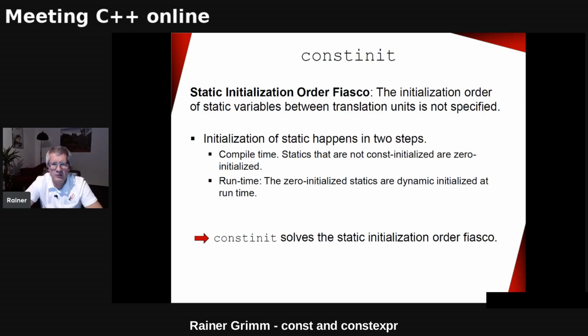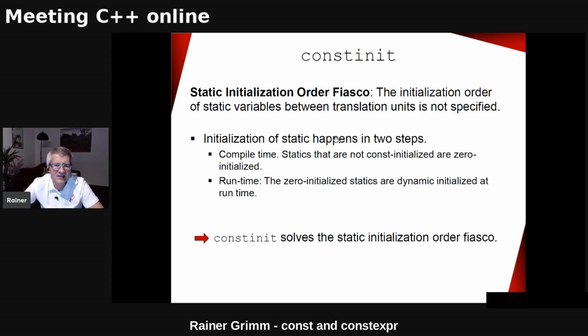But we don't have the guarantee between translation units. A classical example, which many people love when they have it, is you have a singleton which depends on another singleton, and therefore you don't know which one is initialized first. And therefore, with 50% probability, you will get the wrong or the right behavior.